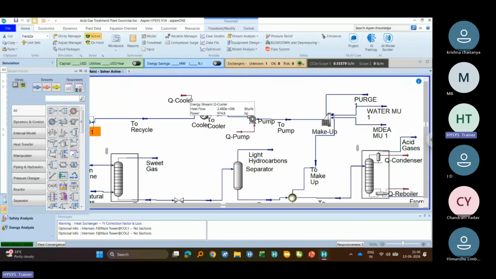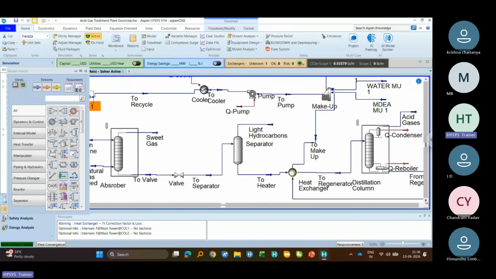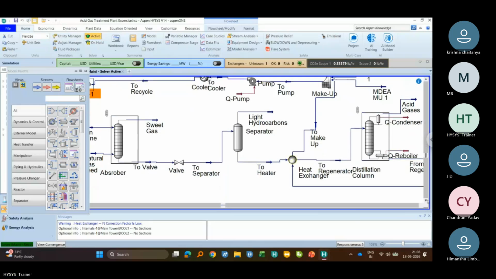But as we have previously discussed in the first part of today's session, suppose I want to give this flow sheet to a person who is not very familiar, or who will not have the time or take the effort to open each and every stream or show the table for each stream and check the temperature.